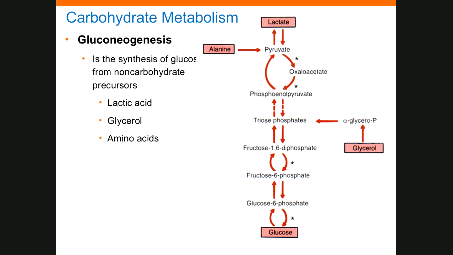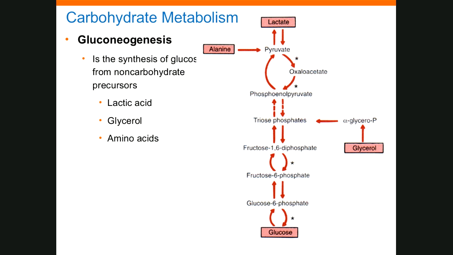So if you are following an Atkins or super low carbohydrate diet, chances are some of the glucose you're making in the liver is from the glycerol when you're liberating triglycerides through beta oxidation.